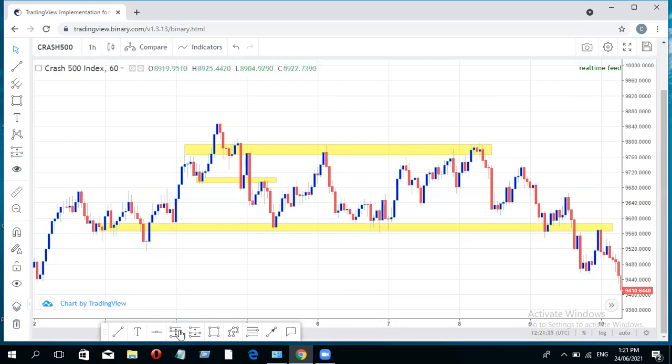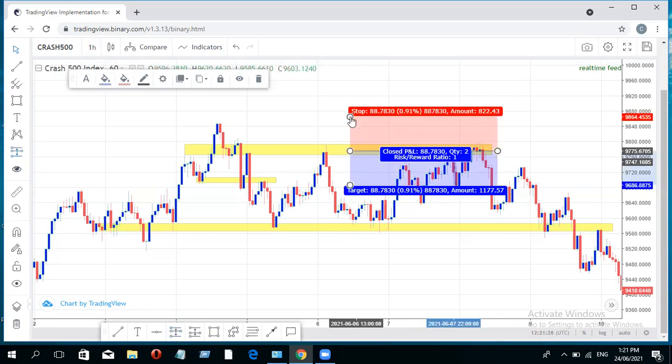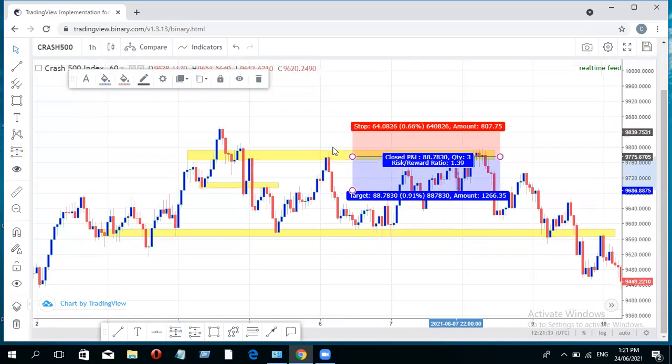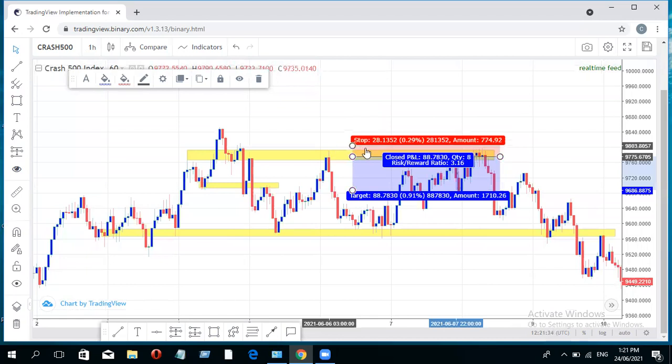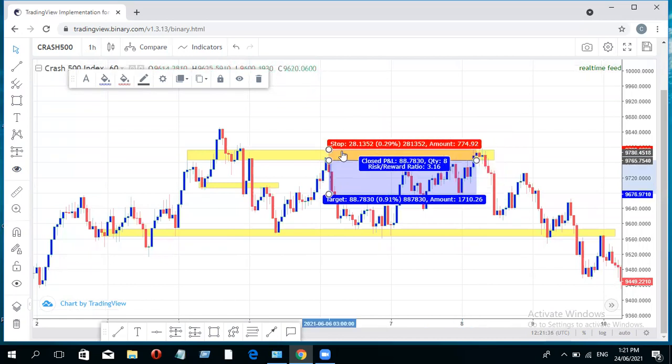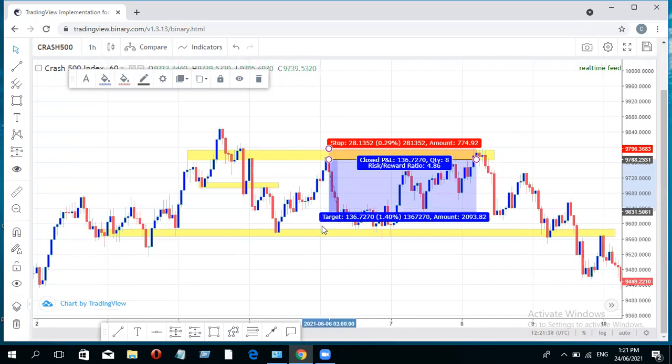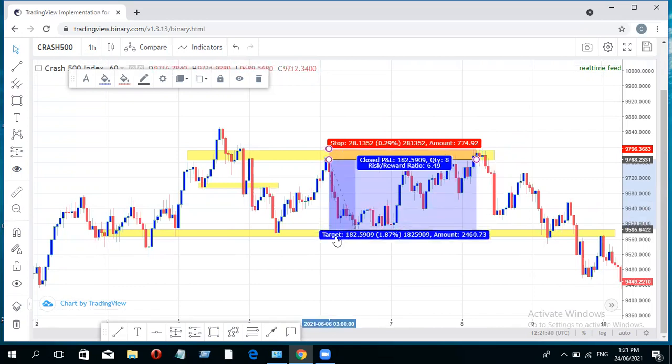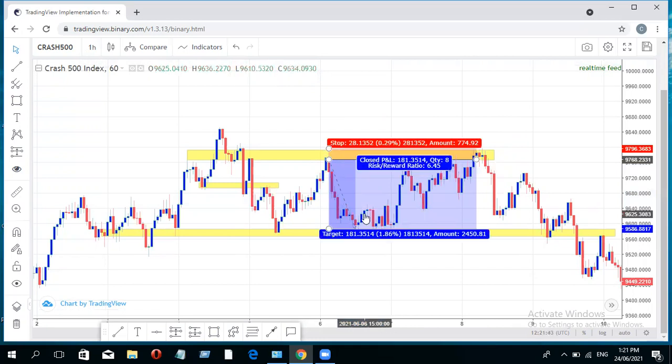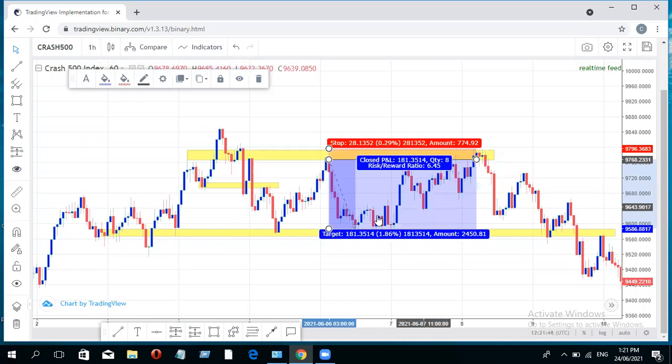Let us check the risk to reward. If I took my trade and placed my stops somewhere around here, I took my trade here, my targets would have been down to this support to avoid problems, and my risk would have been 1:6.